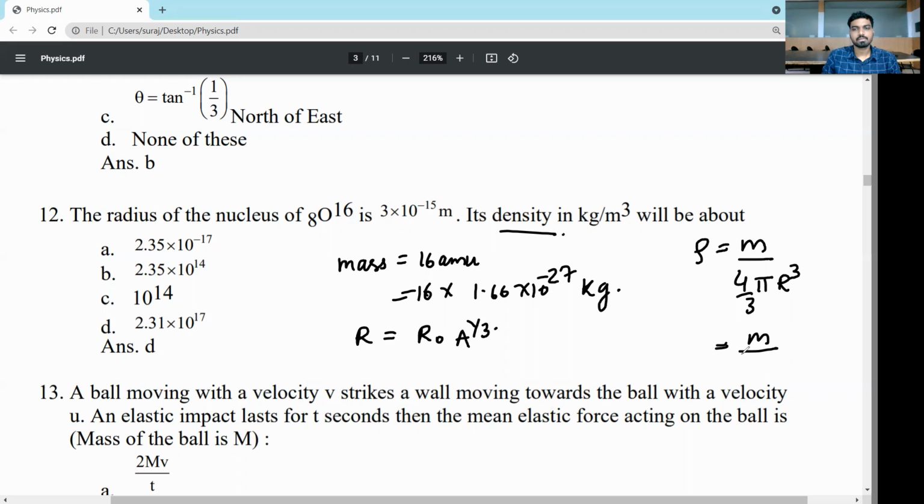Mass is given, 4 by 3 pi, radius is already given, so substitute here 3 into 10 power minus 15. 4 by 3 into this gets cancelled, 4 pi into 10 power minus 15. Mass you put in kg. Substitute it, you will get the answer.